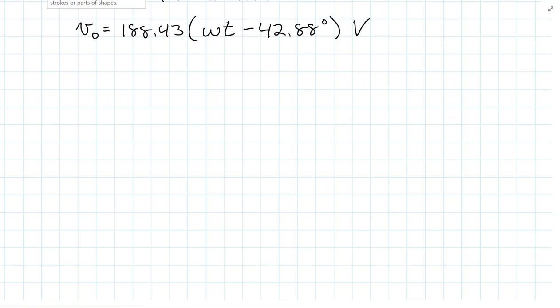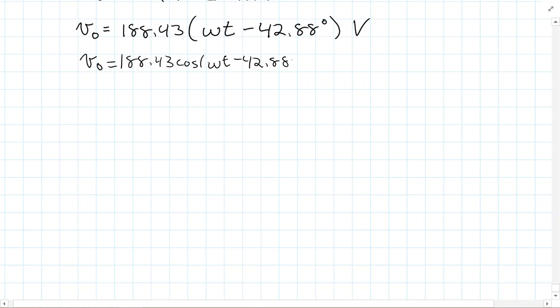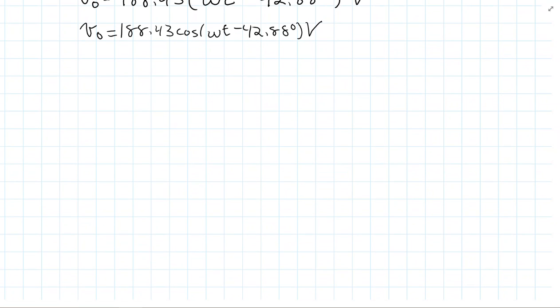So from the previous lesson, this output, I'll rewrite it here, should be 188.43 cosine omega t minus 42.88 degrees. Several of you already caught that, but since that was really the only mistake, I decided not to remake that video. Alright, so let's look at another problem here.